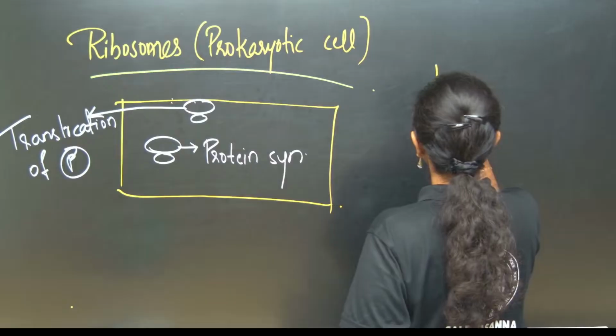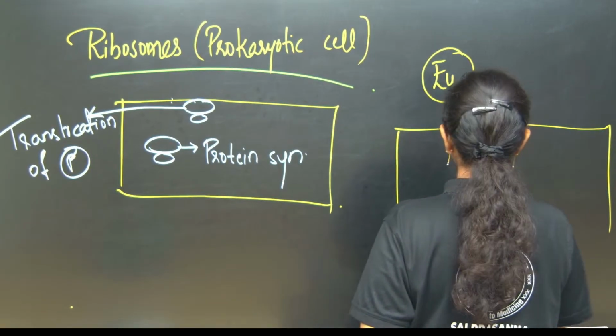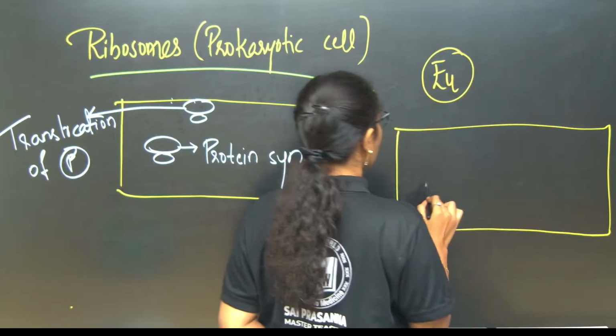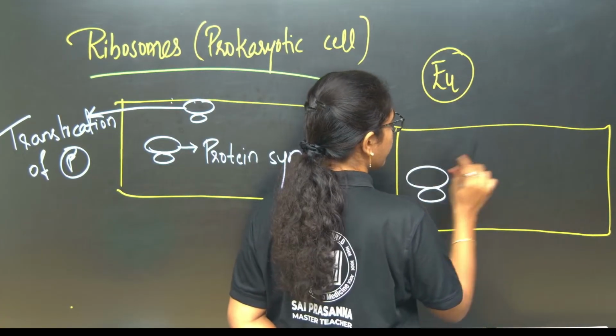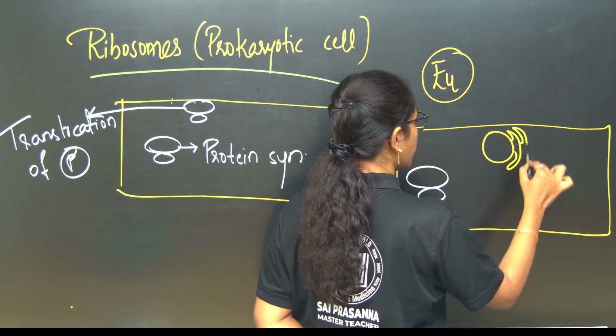If it is a eukaryotic cell, where do you find the ribosomes? Ribosomes are found inside the cytoplasm. Ribosomes are found attaching to the endoplasmic reticulum.